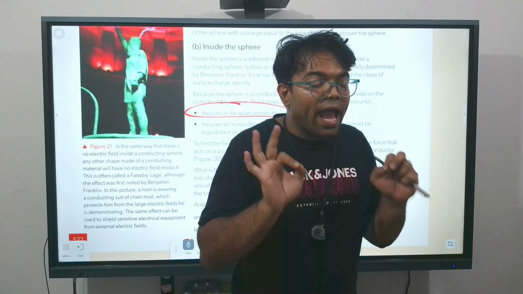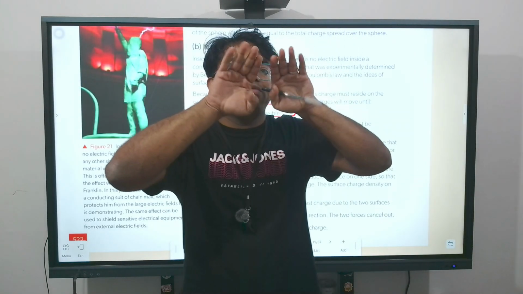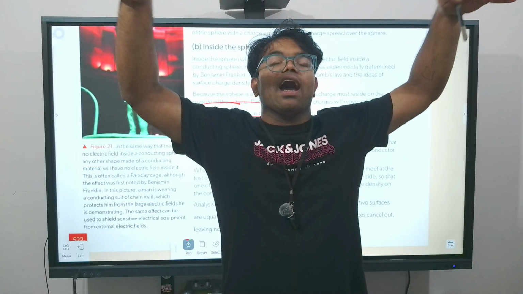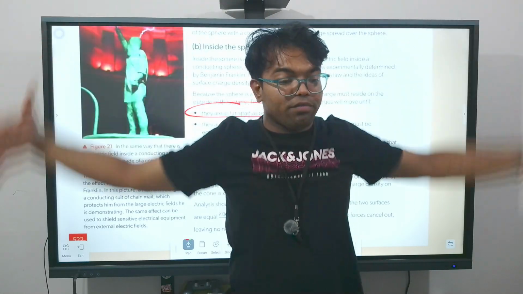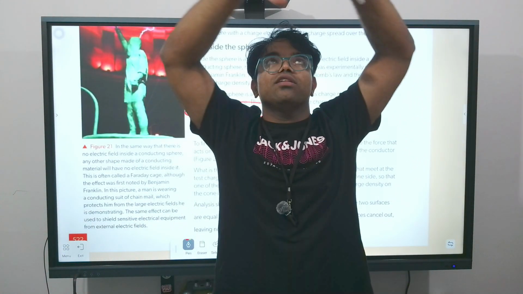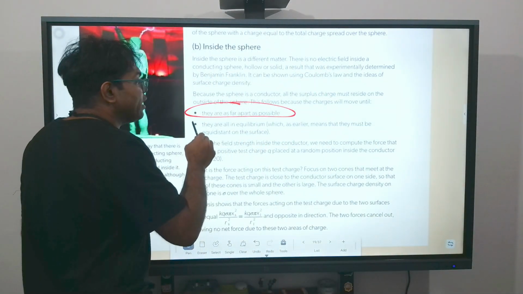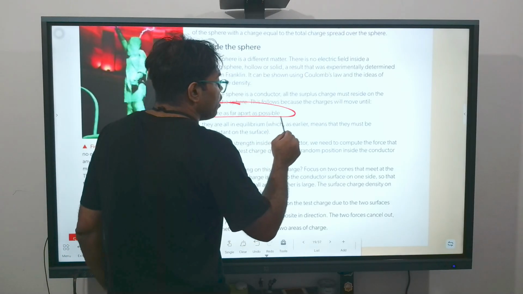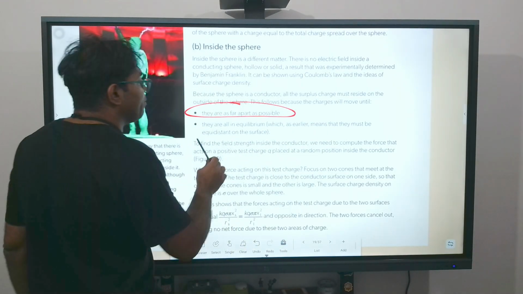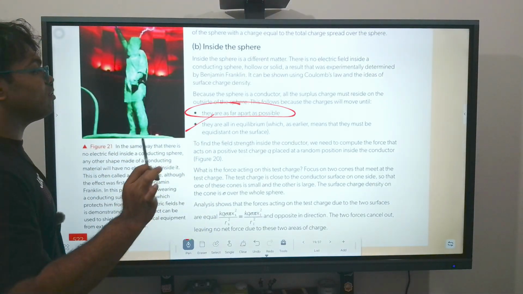To be as far away from each other as possible, you have to spread across the surface. Basically, you have to arrange yourself on the surface of the conducting sphere. They are all in equilibrium, which as earlier means that they must be equidistant on the surface.